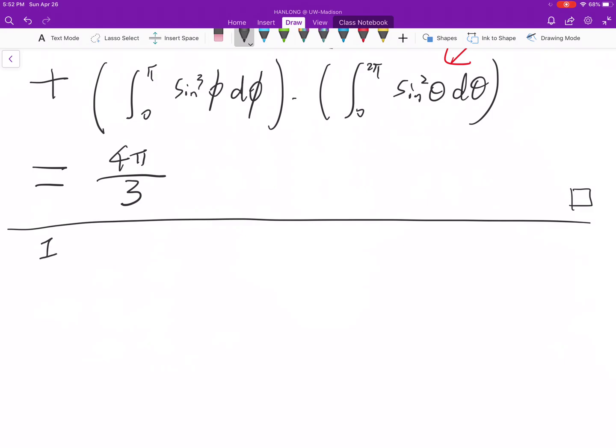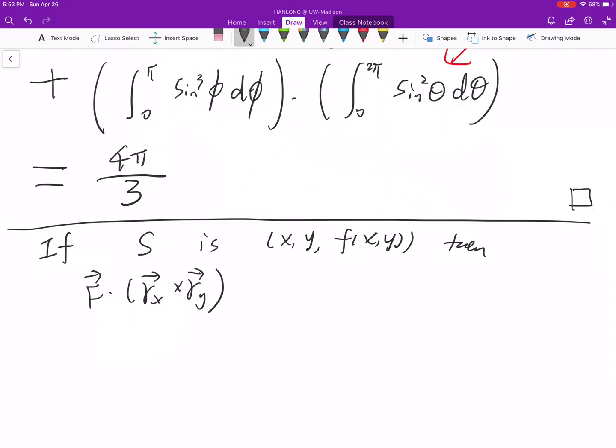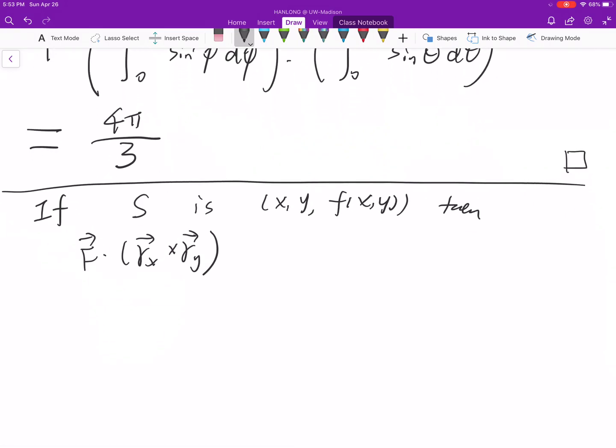Okay, next, let's exhibit one example of a graph. So suppose S is a graph z equals f(x,y), then we can further simplify this quantity, this function. So suppose F is given by F1, F2, F3, or P, Q, R in the notation we used for Green's theorem, and dot with minus g_x, minus g_y, 1.